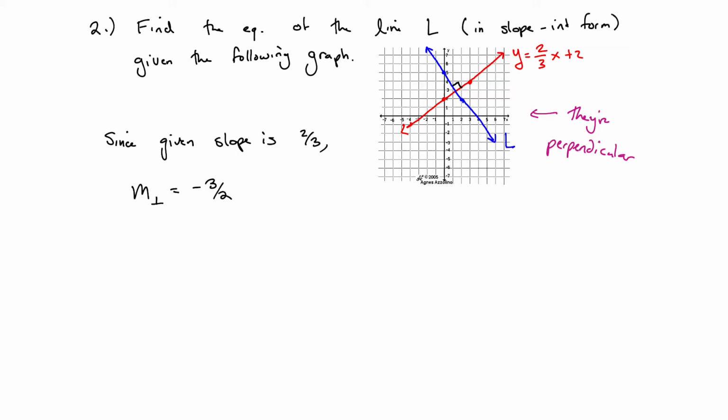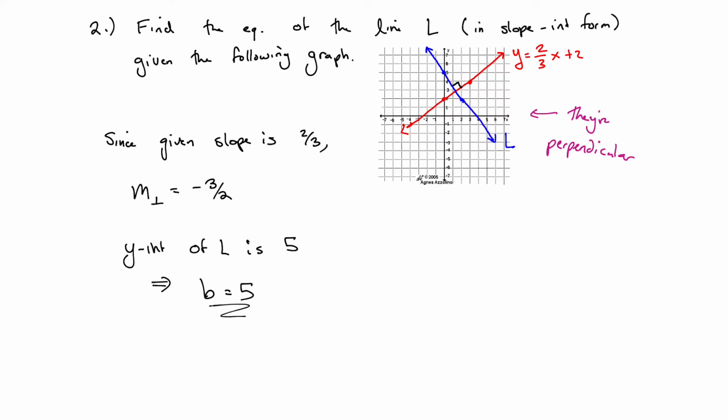Next, and I forgot to write this, but we can just use this point here, right? We could use a point like 2, 2, or 0, 5, but we don't need to. Our y-intercept of L is 5, which means that b is equal to 5. Remember, b represents the y-intercept.